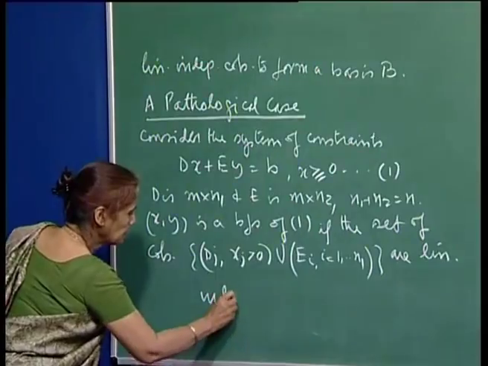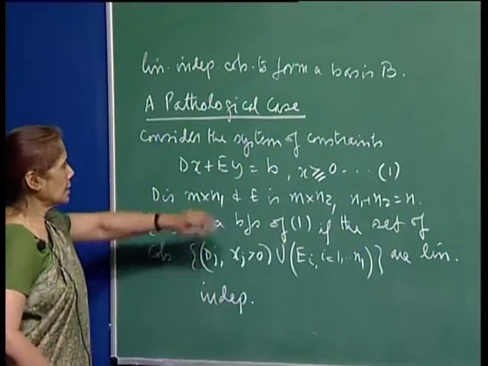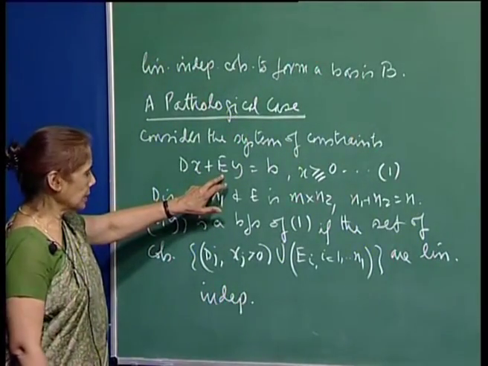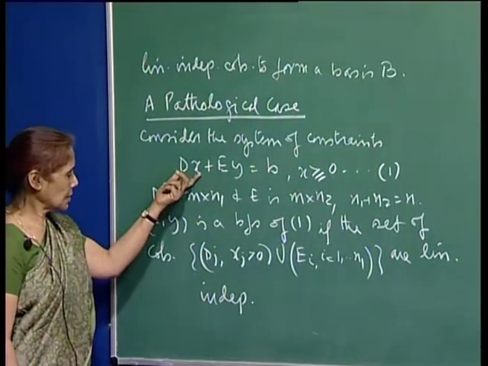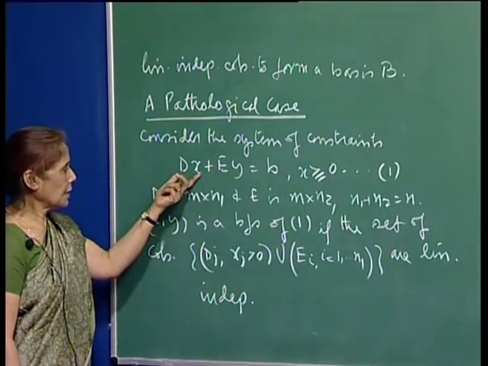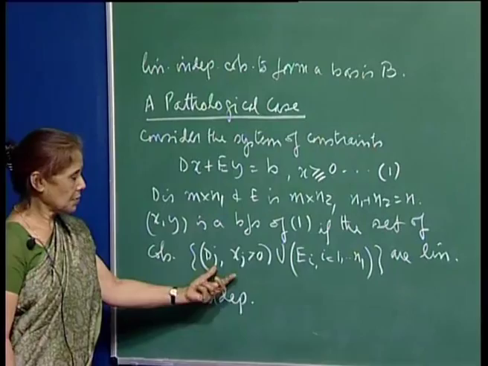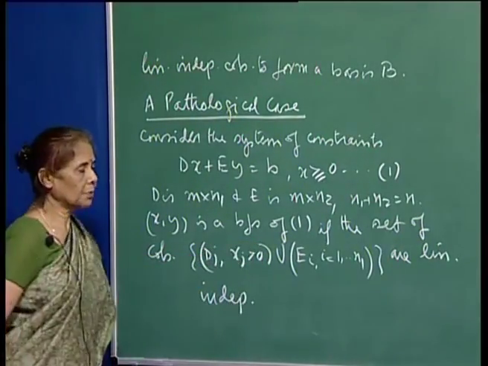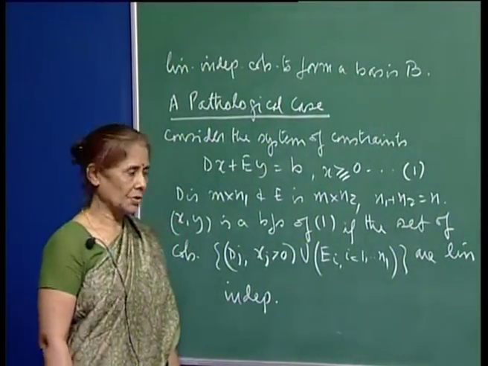So, for the unrestricted variables, the corresponding columns all must be linearly independent, and for the positive components of x, the corresponding columns too. All these together should be linearly independent. This is the definition, right.